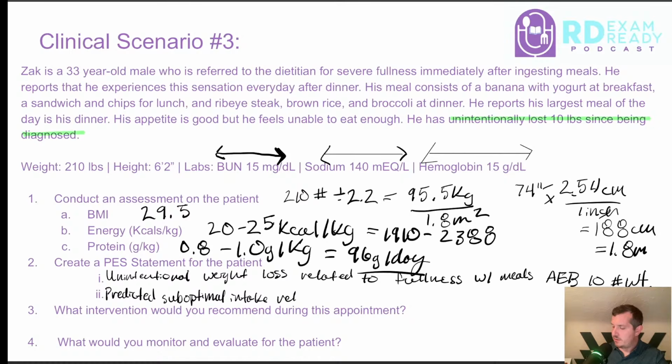Let's say related to fullness with meals, as evidenced by, we can even say 10 pounds of weight loss. Good.